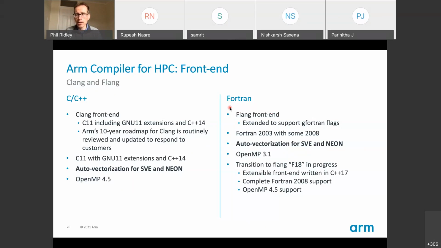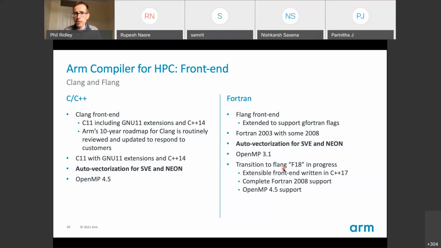And just like the C++ compiler, it's got good auto-vectorization for our vector extensions. Fairly good OpenMP support.